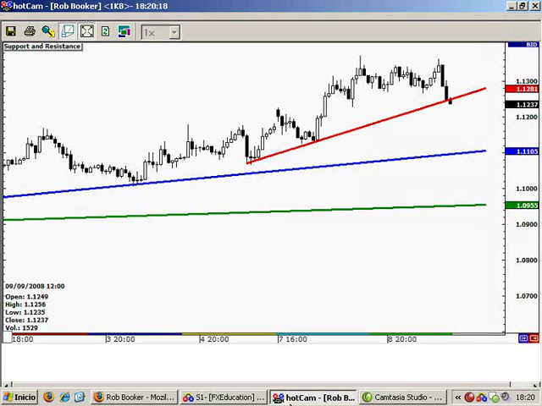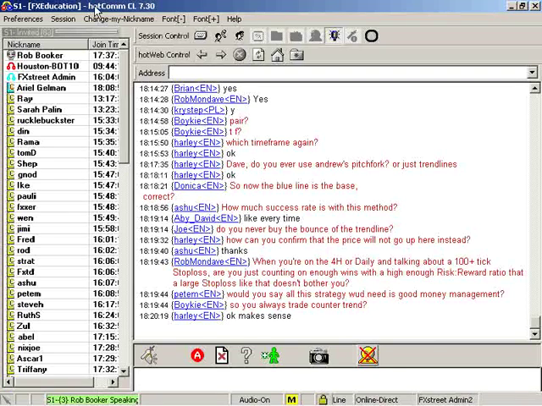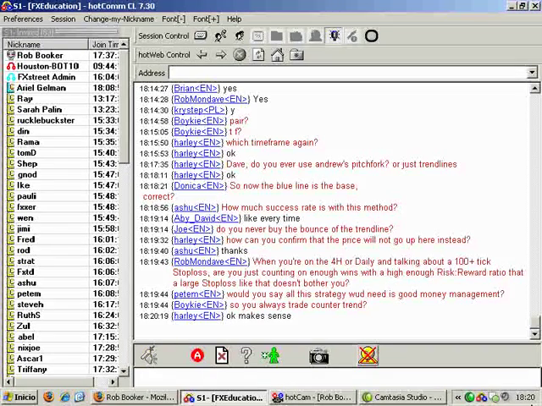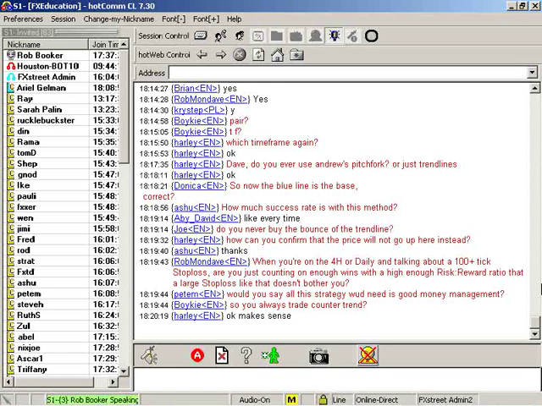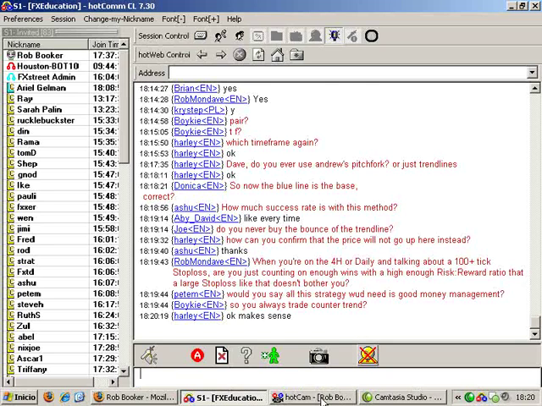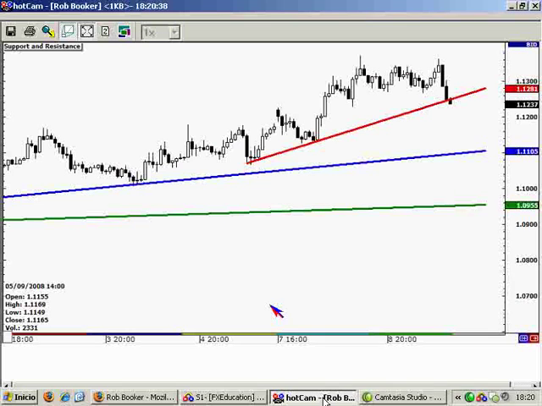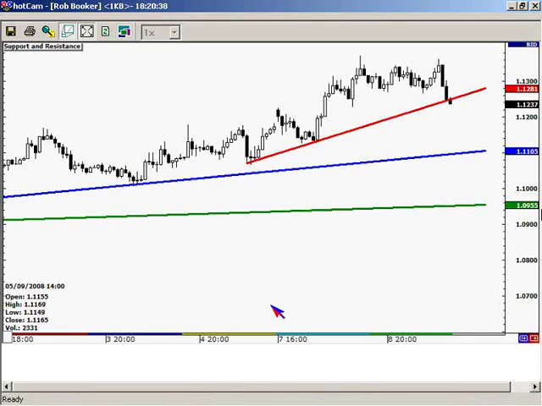Rabman Dave. Hey, good name. When you're on the 4-hour daily and talking about the 100 plus tick stop loss, are you just counting on enough wins with a high enough risk to reward ratio? Like that doesn't bother you? Yes, stop losses do bother me. That's why I like to go to a lower time frame and see if I can get in earlier on that chart somehow.